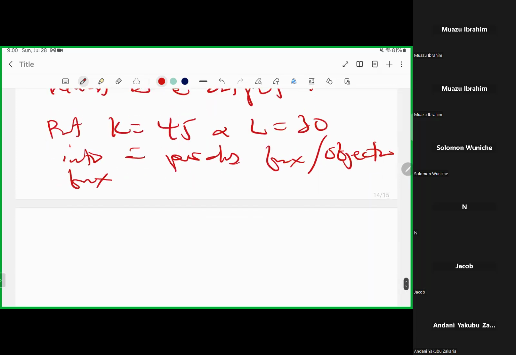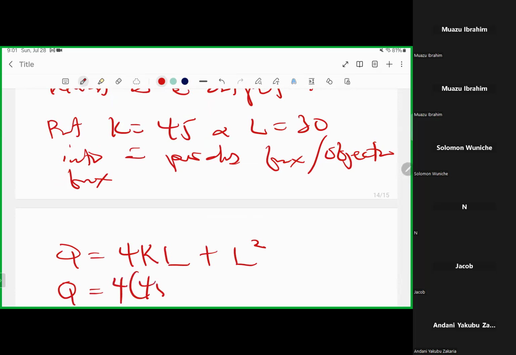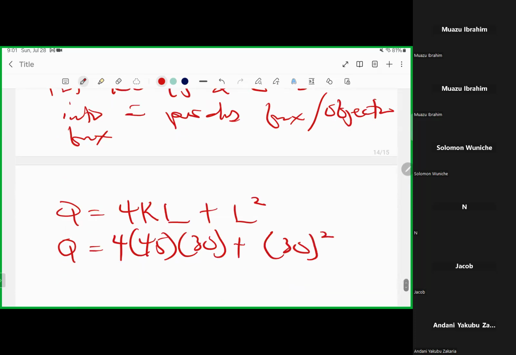And our production function, we said is this one, 4KL plus L square. And we know L, we know K. So here, the maximum output OverB can produce, that's the maximum number of pure water sachets or bags OverB can produce, will be 4 times 45 times 30 plus 30 raised to the power 2.